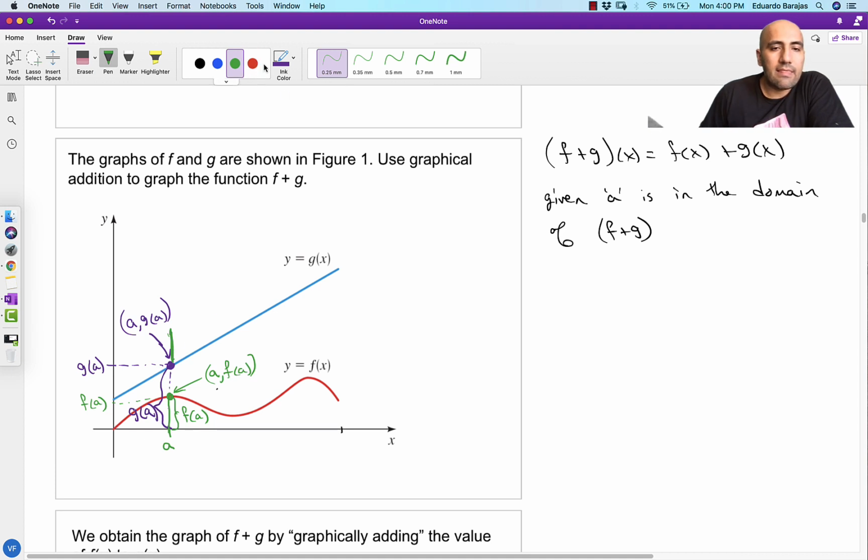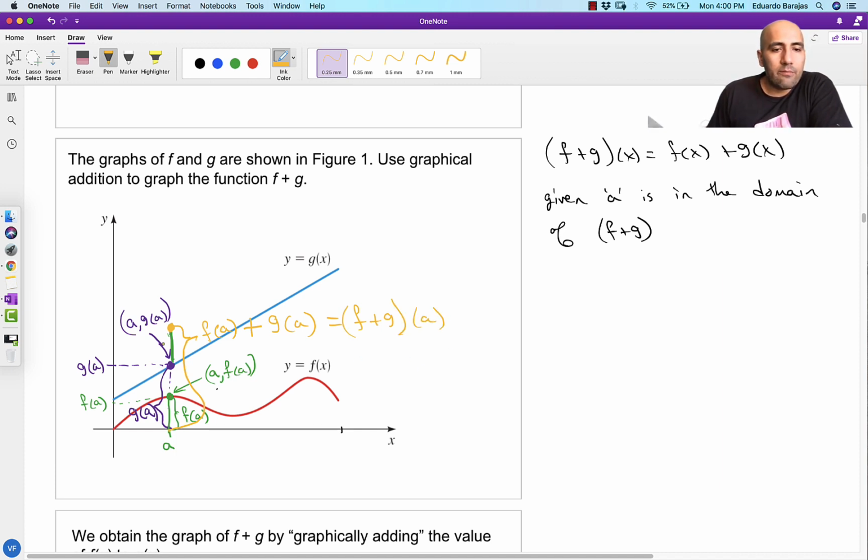Then this would be the new height, which would include both the f of a, which is that green part, plus the g of a, which is the purple part. So this would be the new height of my new function. This would be f plus g evaluated at a.